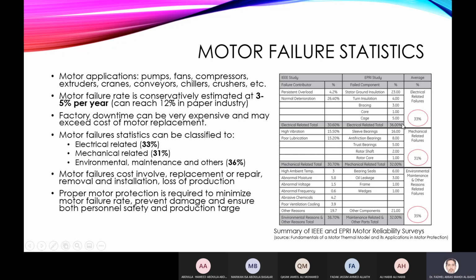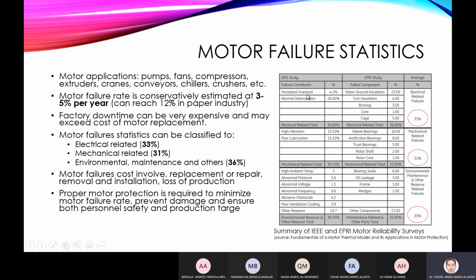When they did the statistics, IEEE did one study, EPRI did another study, and when they tried to classify those statistics, I will give you an average. They classified the causes of those failures into 3 categories: electrical related failures, mechanical related failures, and environmental, maintenance, and others.